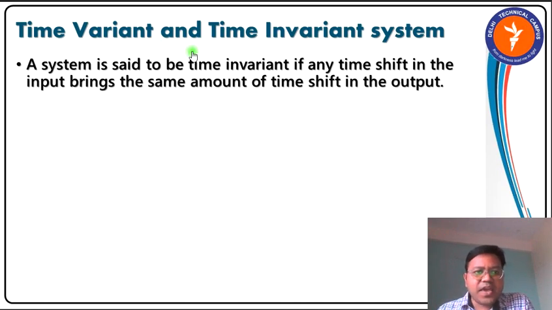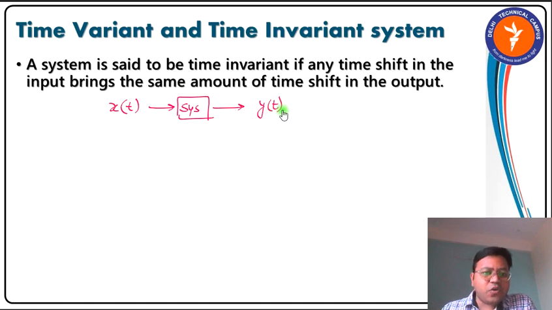Let us have a recap on time variant and invariant systems. A system is said to be time invariant if any time shift in the input brings about the same amount of time shift in the output. Say we have a signal x(t), and it is input into a system, and we get y(t) as the output.